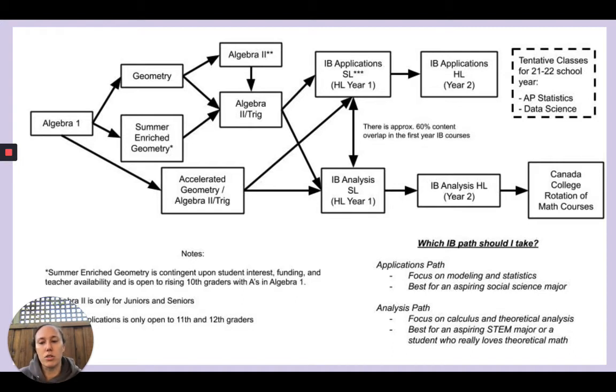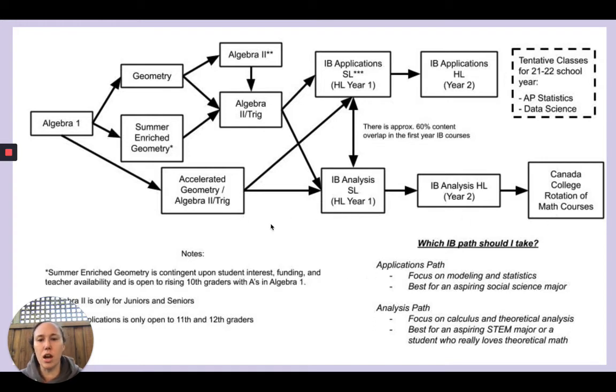If they're more interested in social science, biology, anything that is not a hard theoretical math, then we suggest the applications path with the emphasis on modeling there. One thing to know is there is approximately a 60% content overlap in the first year of these two courses, so students will be seeing similar things, just a slightly different focus.